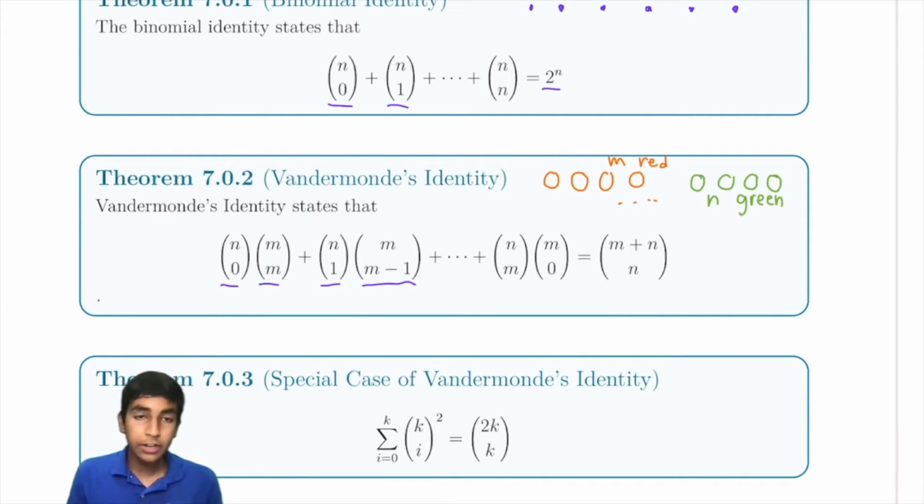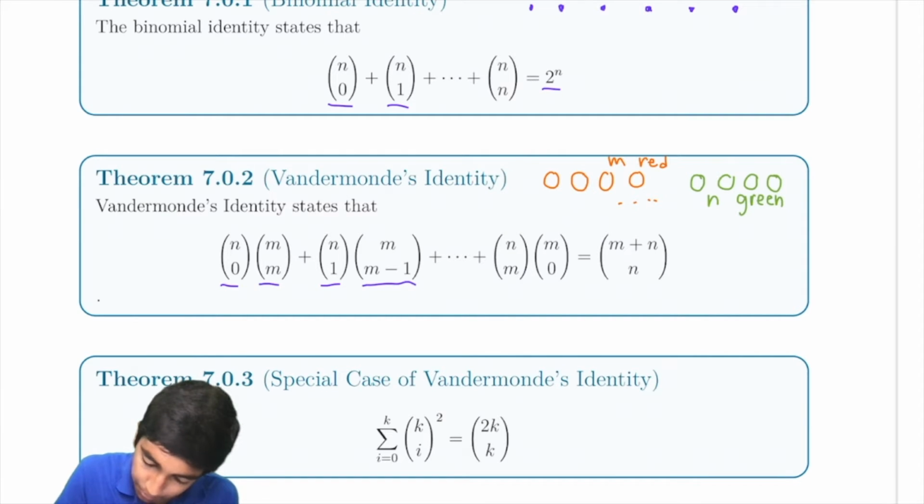So what we're trying to do is select n total objects. So first of all, how many ways are there to choose n total objects? We have m plus n objects, so it's just equal to m plus n choose n.